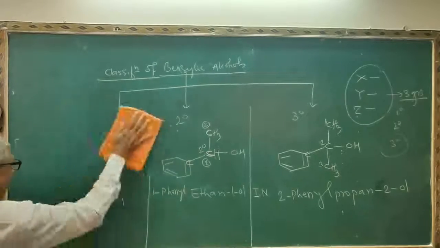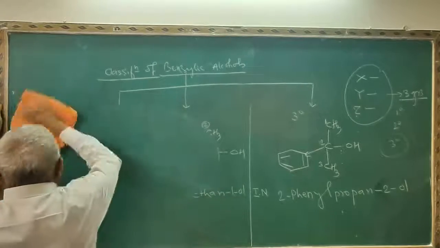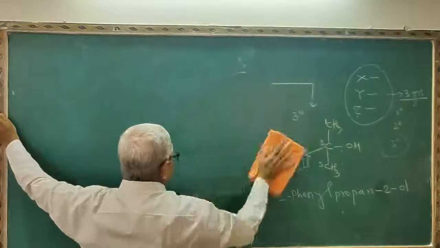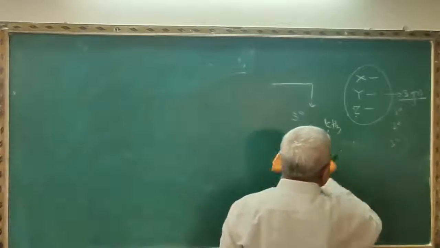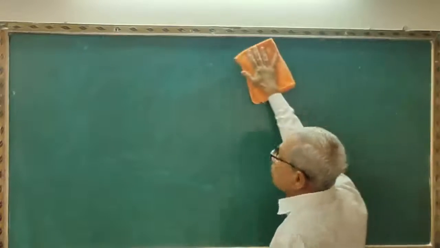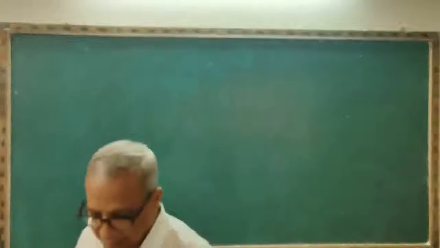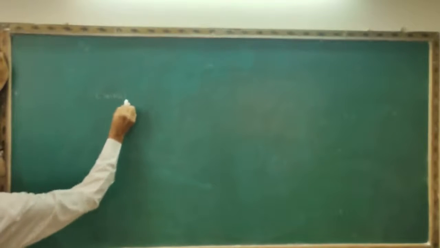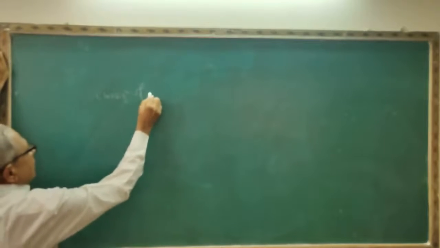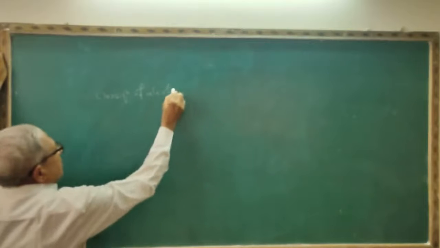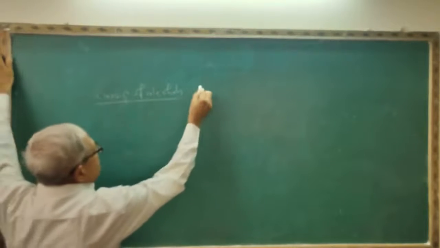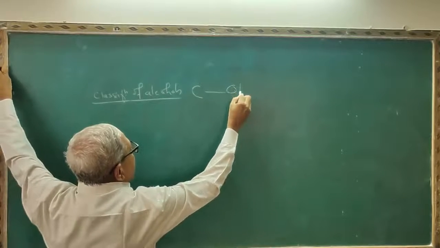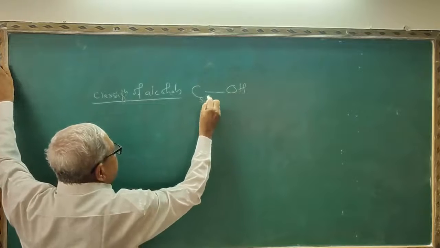Now we can start yesterday's remaining point, that is classification of alcohols in which the OH group is attached to the sp2 carbon atom.